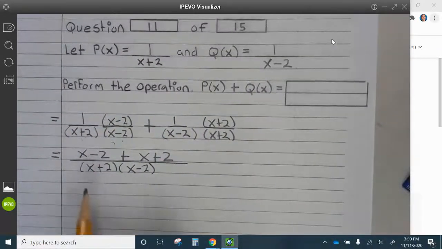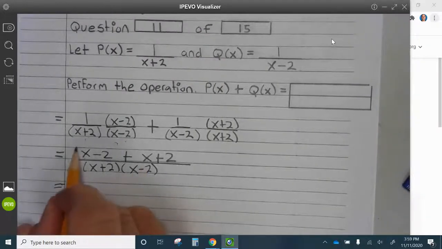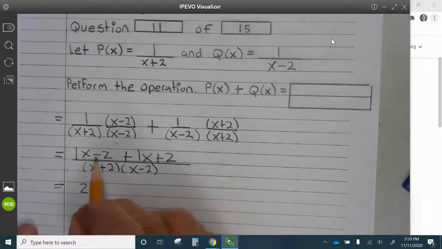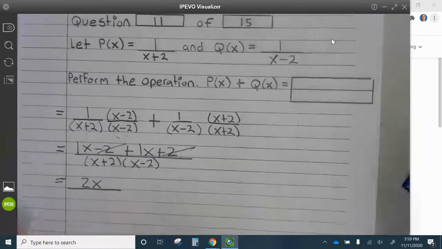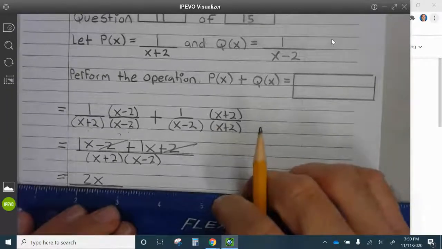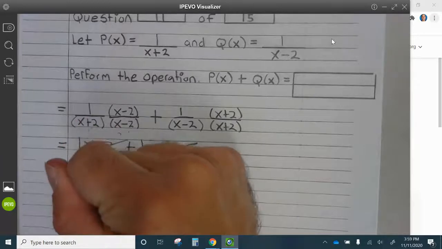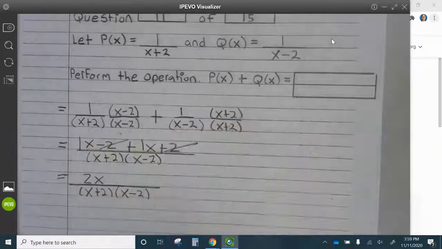Okay, so now we combine x and x, 1x and 1x is 2x. Negative 2 and 2 cancel, so that's 2x divided by x plus 2 times x minus 2.